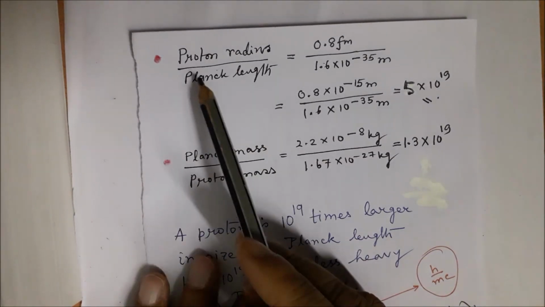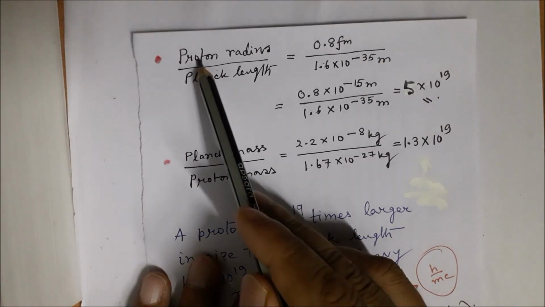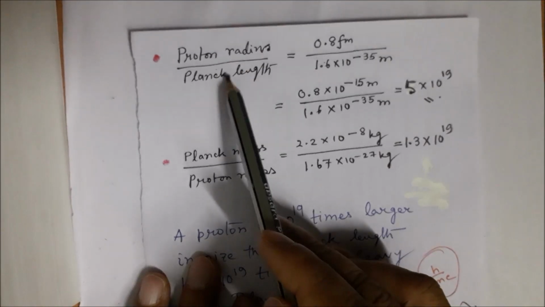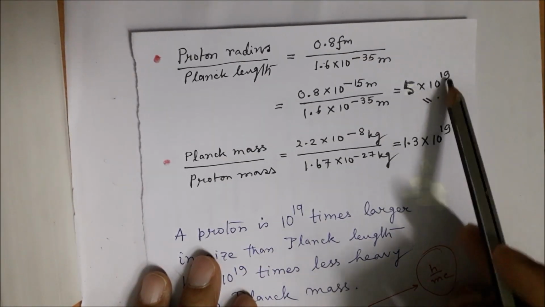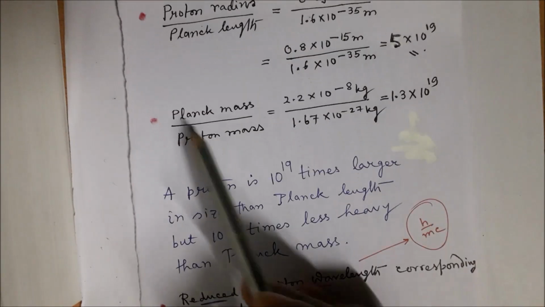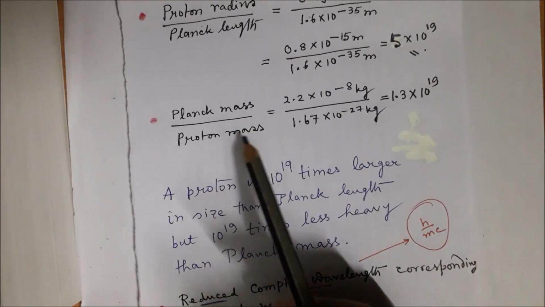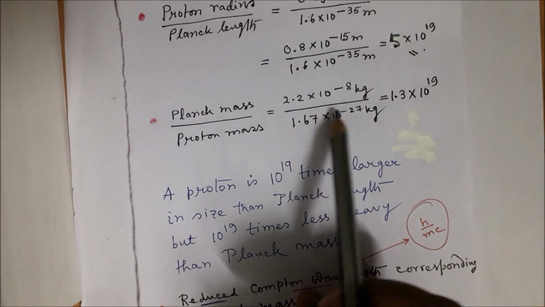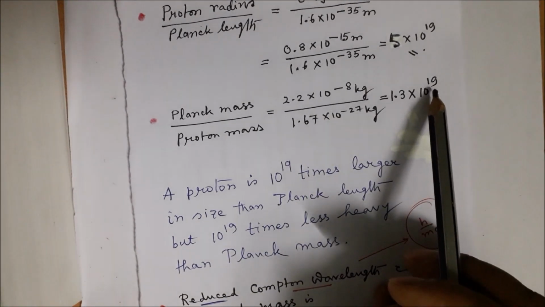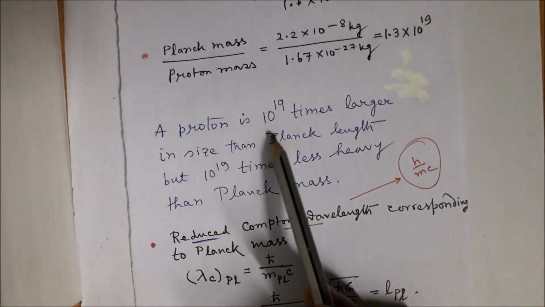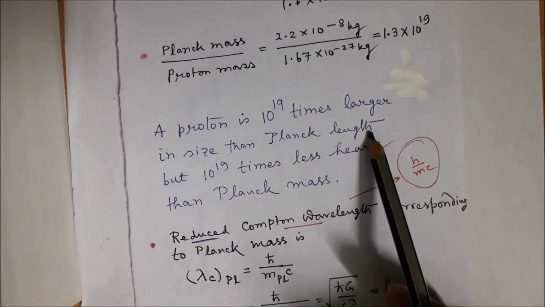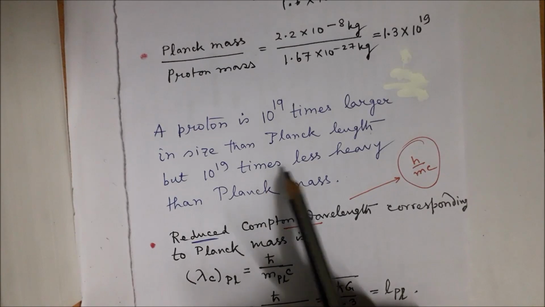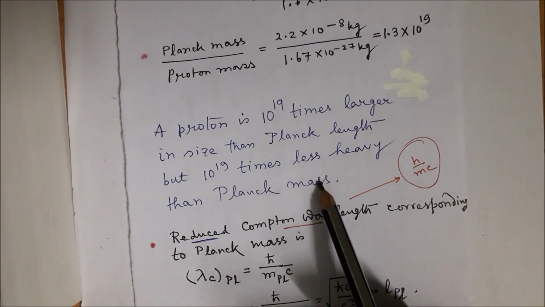As mentioned right now, if we take the ratio of proton radius to Planck length, we end up with 10 to the power 19, while the ratio of Planck mass to proton mass also gives us 10 to the power 19. So this means that a proton is 10 to the power 19 times larger in size than Planck length, but it is 10 to the power 19 times less heavy than Planck mass.